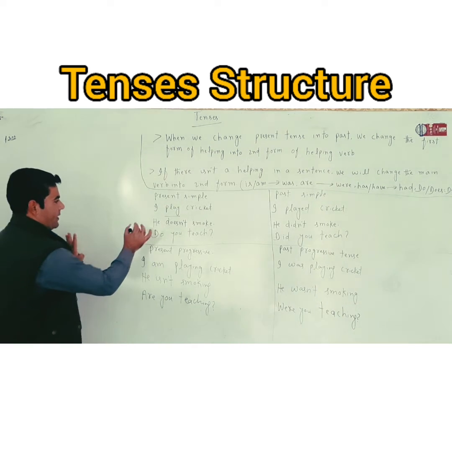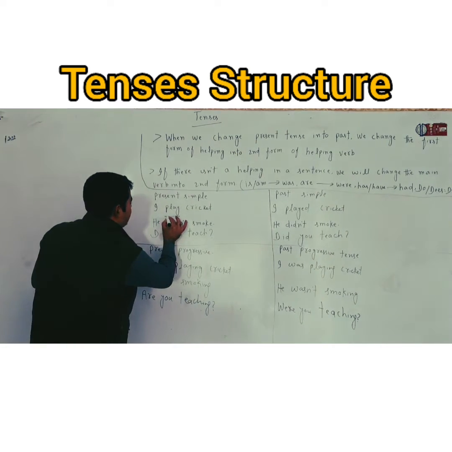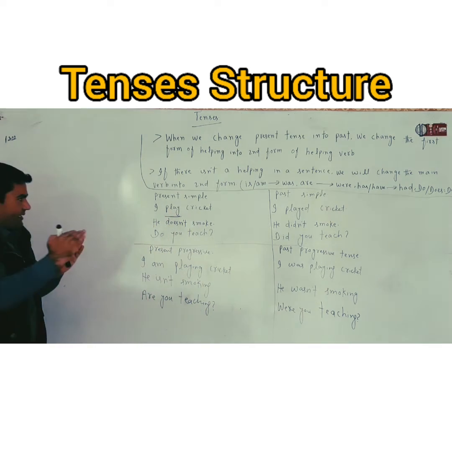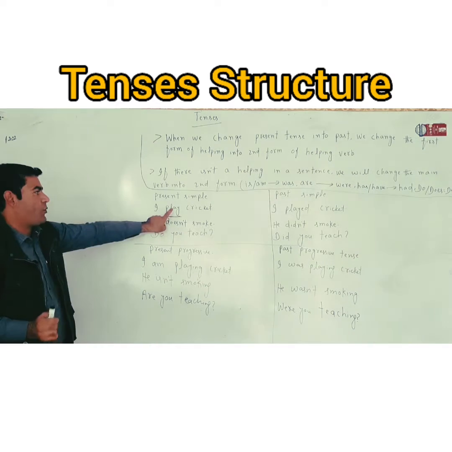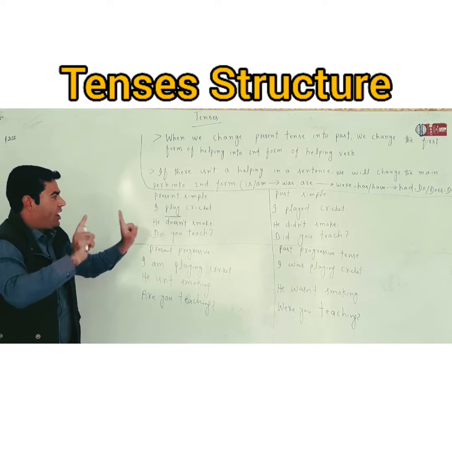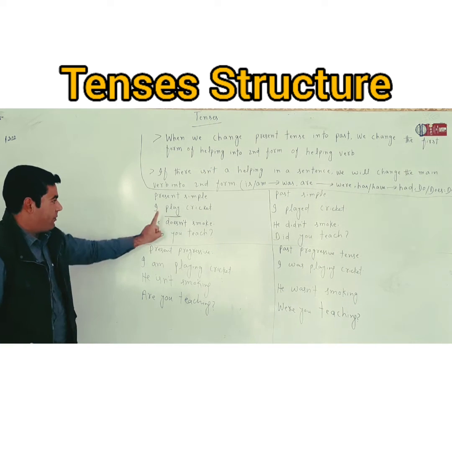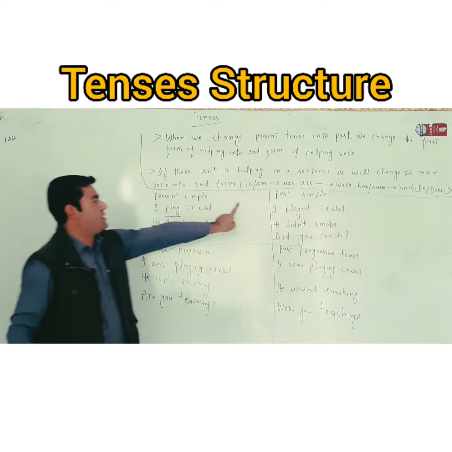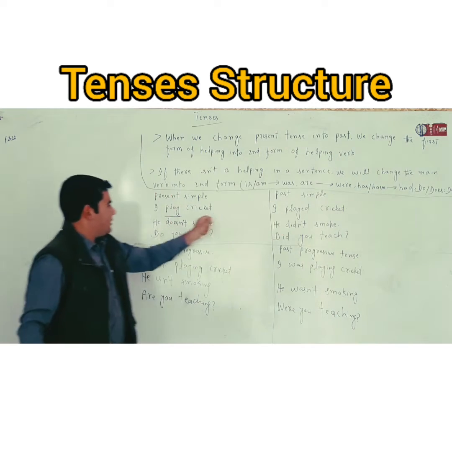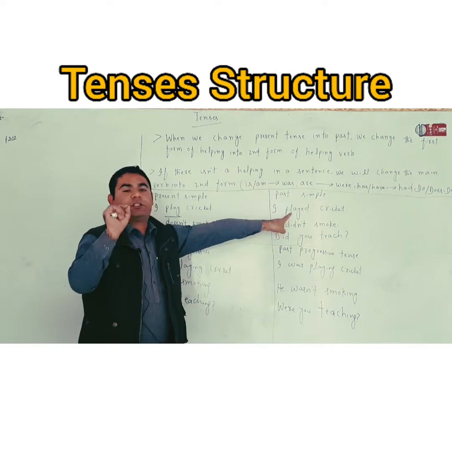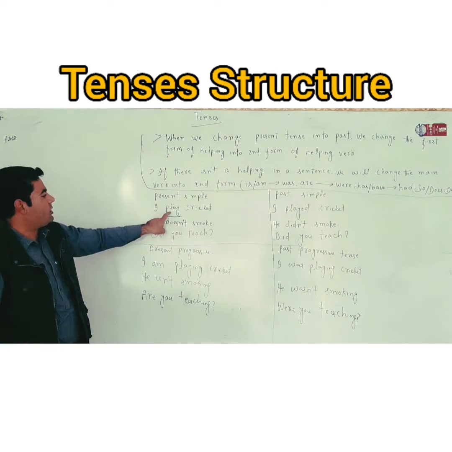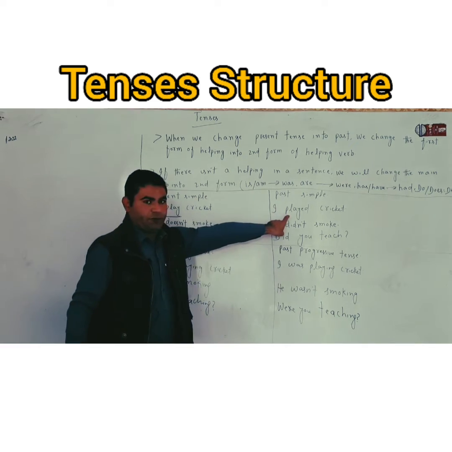Now you see, play is the first form, and there isn't any helping verb in this sentence. So when we change it into past, we don't have to change anything. We just need to change the verb. Play was changed into played. So if this is present simple, this is past simple, just by changing the first form of verb into second form.